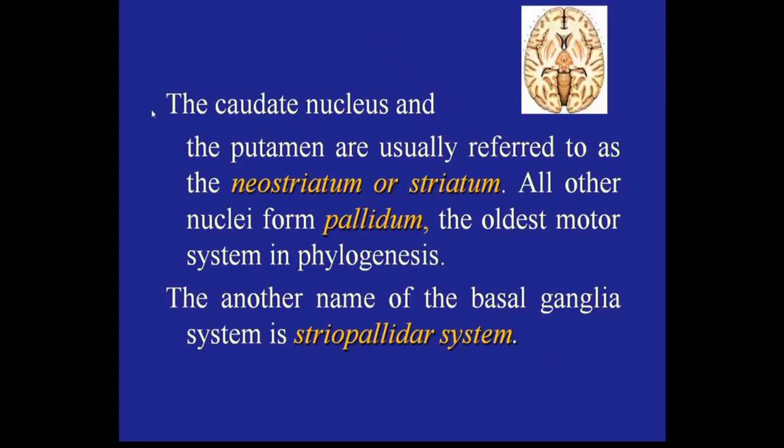The caudate nucleus and the putamen are usually referred to as the neostriatum or striatum. All other nuclei form pallidum, the oldest motor system in phylogenesis. Another name of the basal ganglia system is striopallidal system.